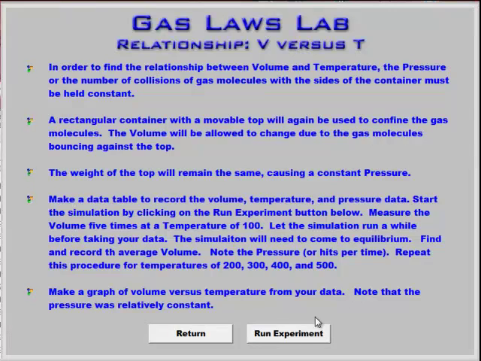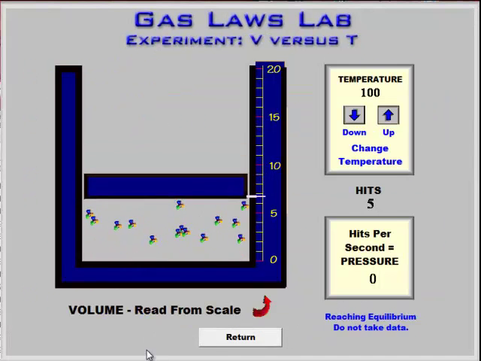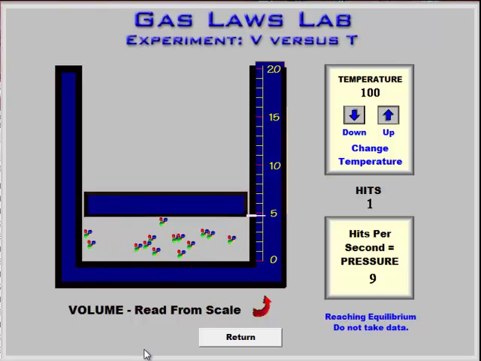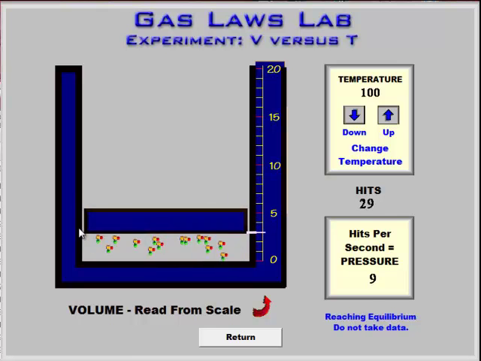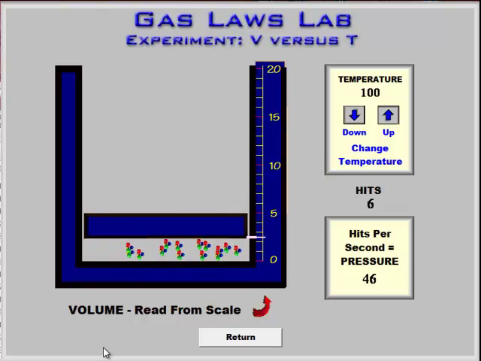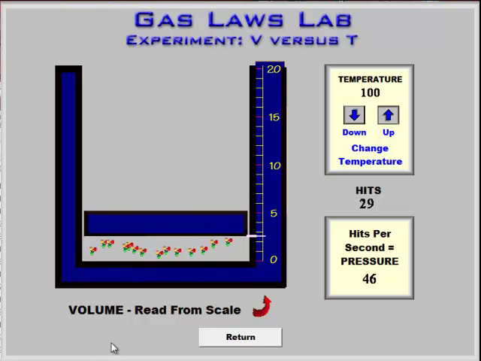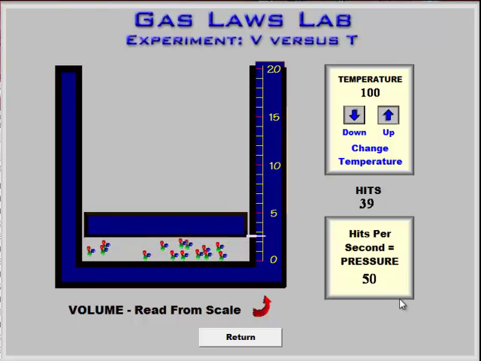And finally, we've got the volume versus temperature. In this case, the pressure will be held constant by the weight that's pressing down on the molecules. Same thing, we'll be measuring the hits per second as our pressure.